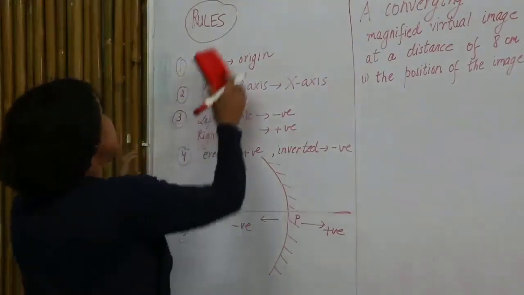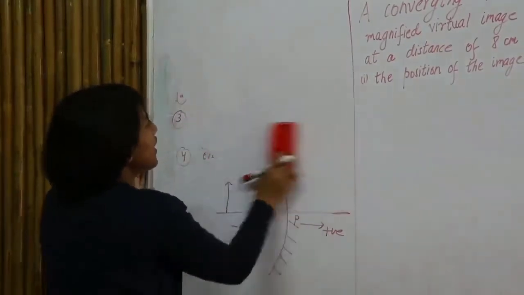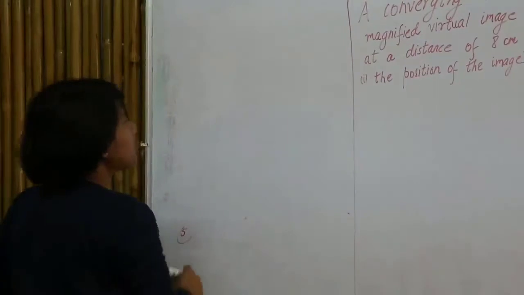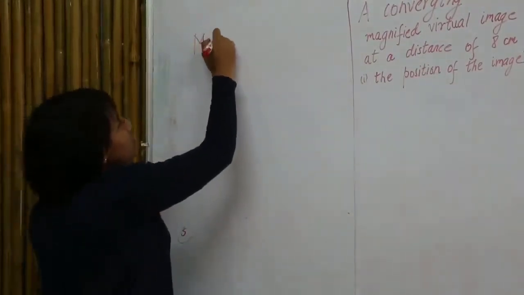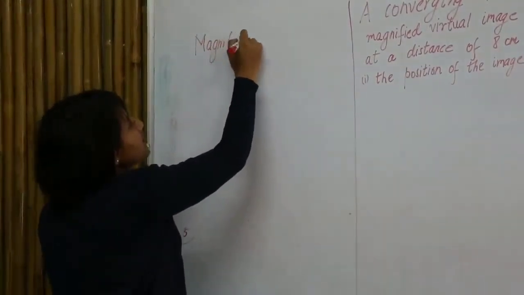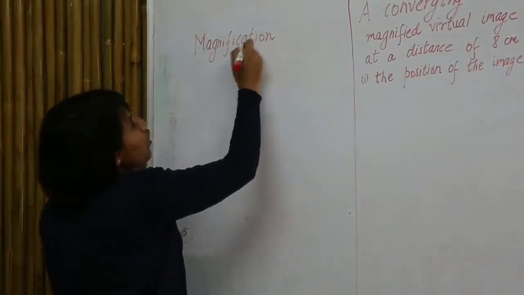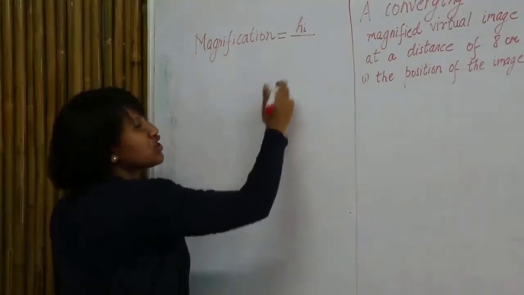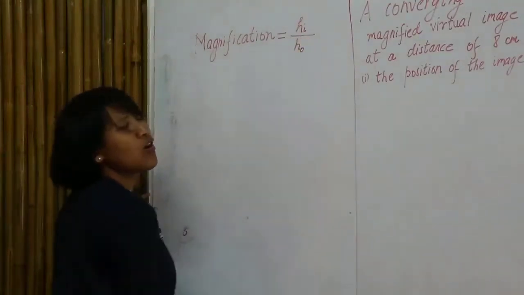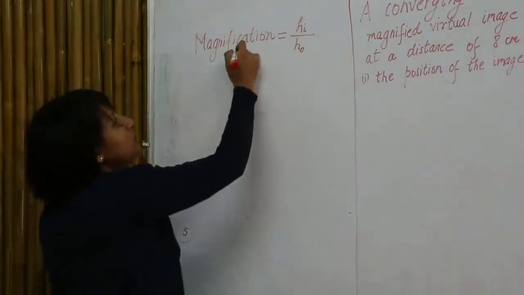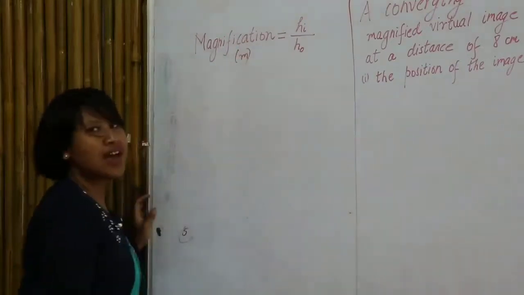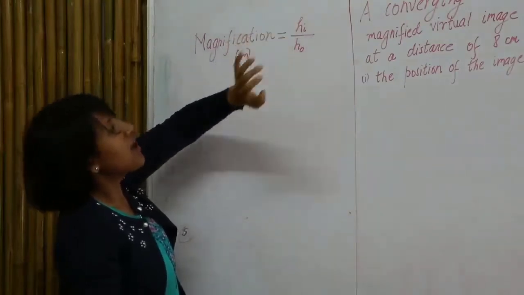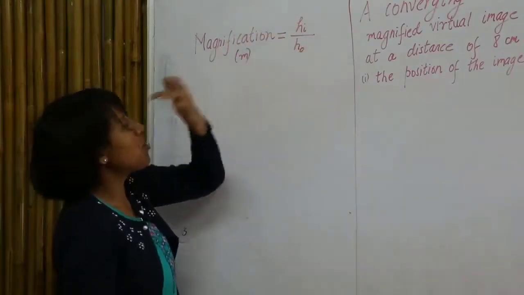Next, there is magnification and certain formulas to help solve problems. Now, what is magnification? It is the ratio of the height of the image to the height of the object, denoted by small letter m.